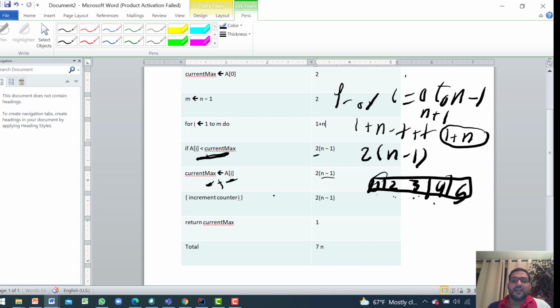And then how many times I'm gonna do incrementing of the array? Basically it's 2 times n minus 1. Again, n minus 1 times I'm gonna enter the for loop, and the increment is basically something like this, i equal i plus 1.